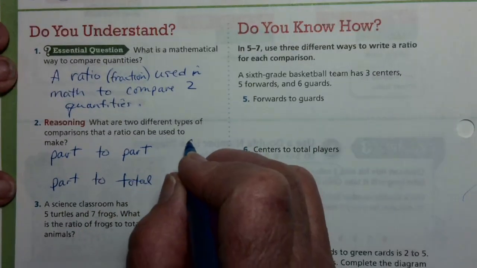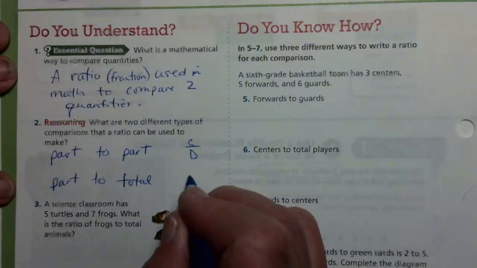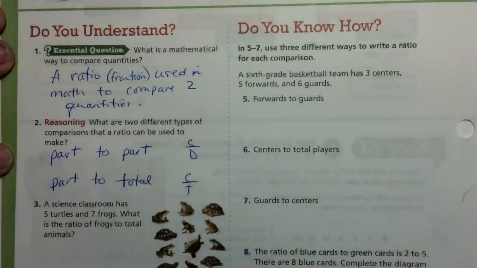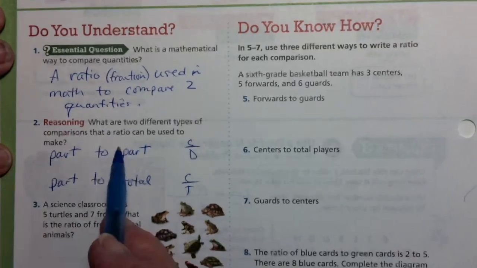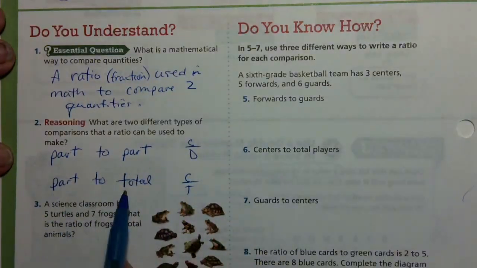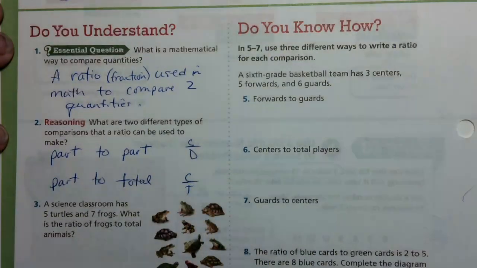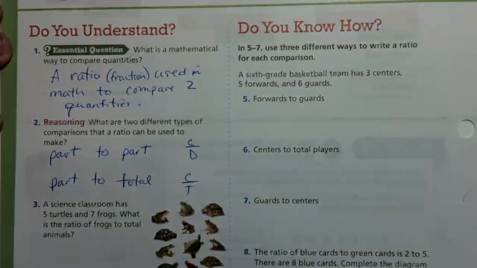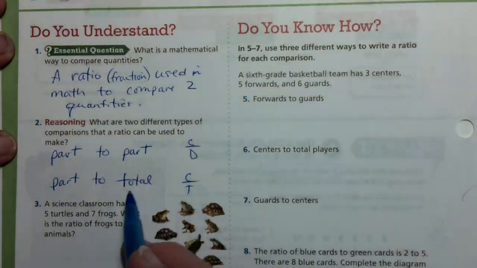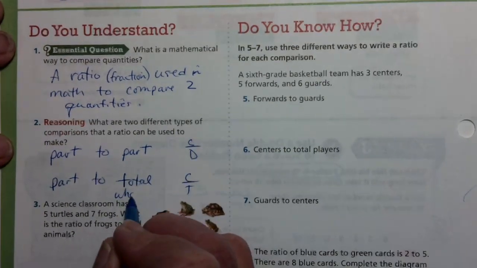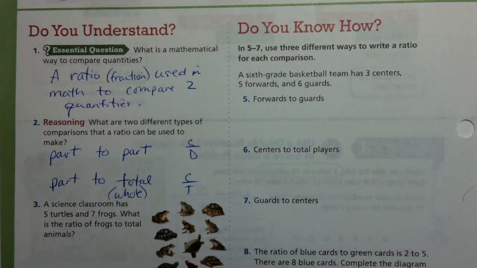So I'm going to put over here cats to dogs, or we get cats to total. Or we could do dogs to cats and dogs to total. Part to part is each one. Part to total means it's going to be one of the parts and the other two parts added together. They might use the word whole here instead of total. Part to part or part to whole.